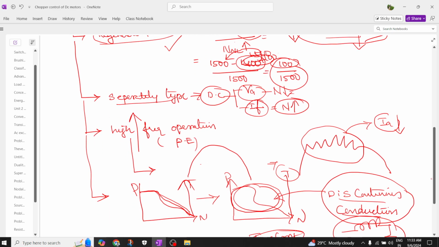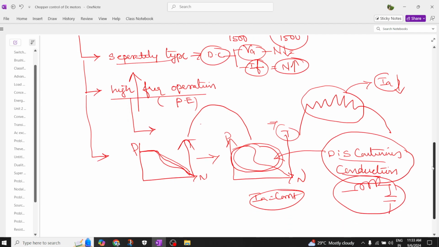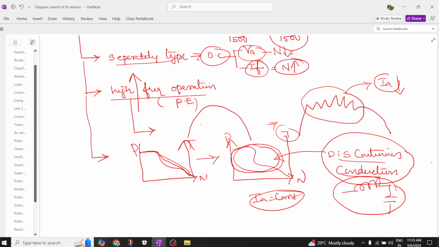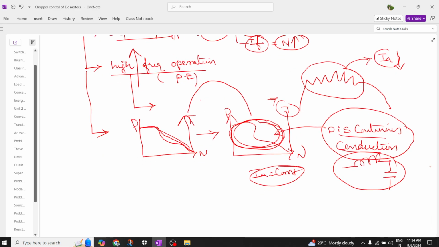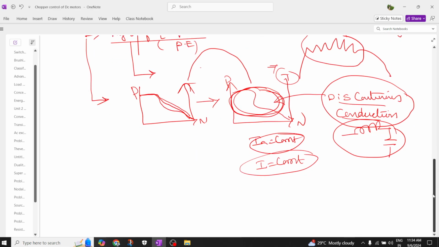With high frequency switches, the discontinuity of the speed, power and torque is reduced. Maintaining the armature current as constant or continuous helps us better control the speed, power and torque characteristics of an electric vehicle. So this is all about the chopper control of DC motors.